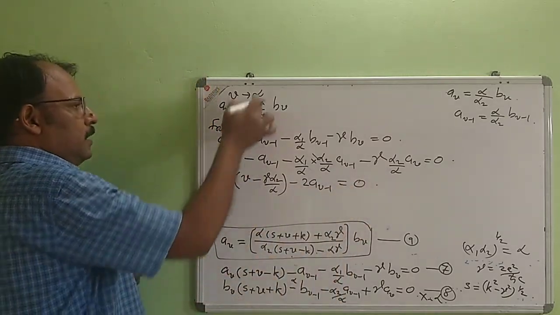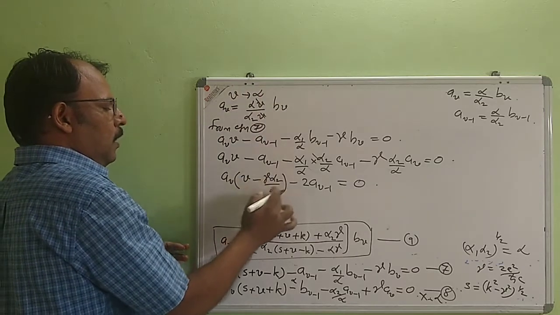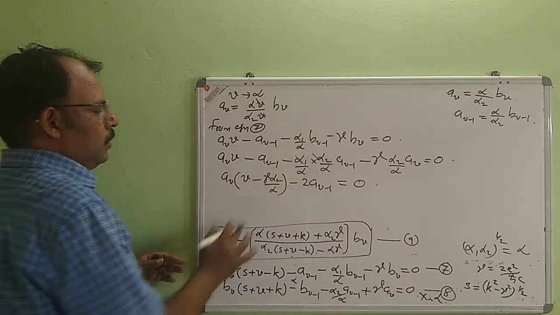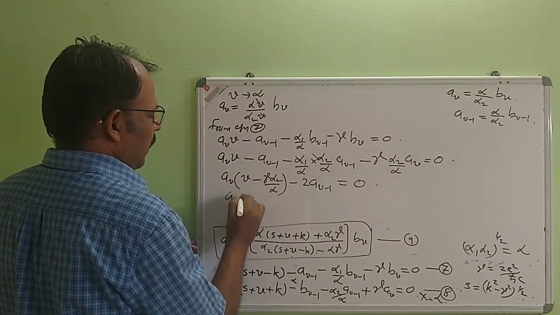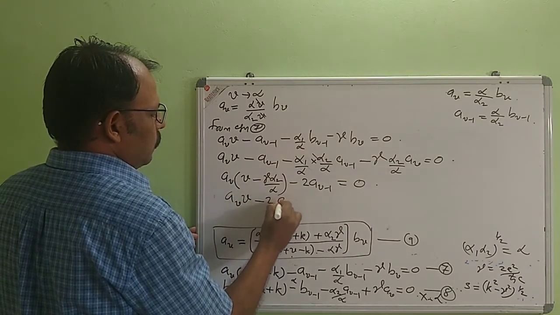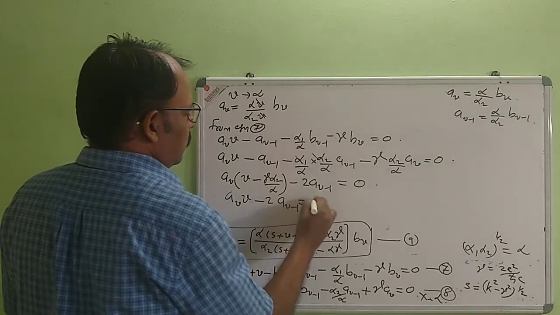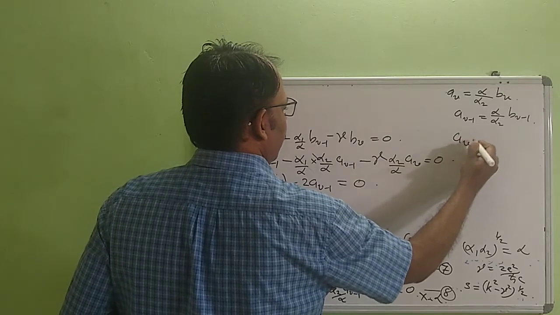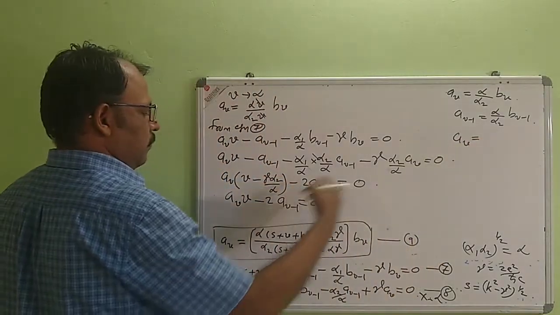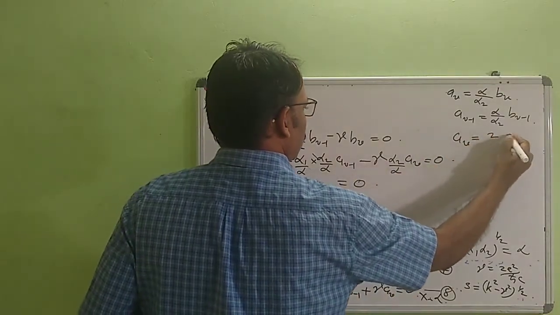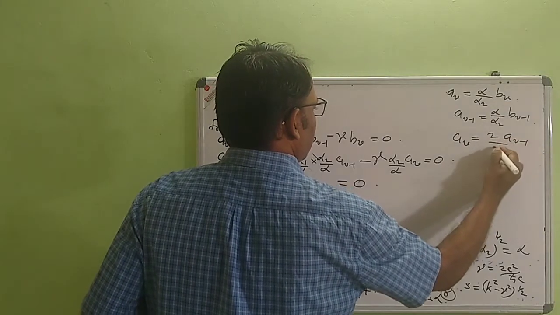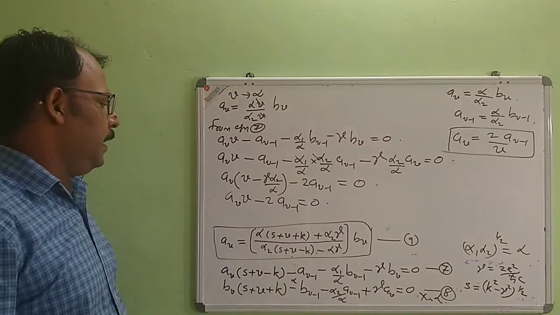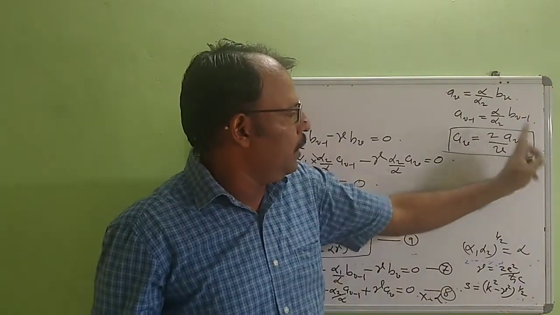I told earlier V is very high. So gamma alpha 2 by alpha can be neglected in comparison to V. So we can write this as AV into V minus 2 AV minus 1 is equal to 0. That means AV equals, taking this term to the right hand side, 2 AV minus 1 by V. So we obtain AV as 2 by V into AV minus 1.